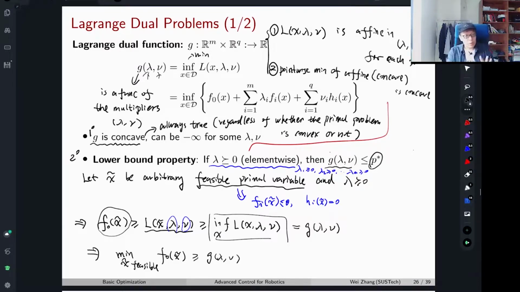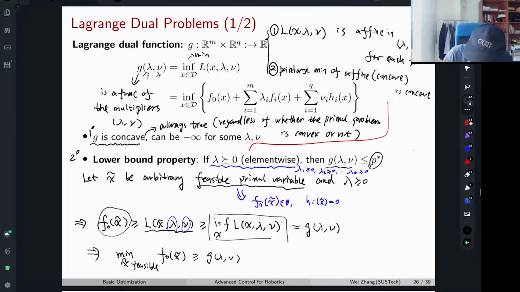Let's fix lambda and nu first, and lambda needs to be element-wise non-negative. Then we can define the Lagrangian, and we can view our Lagrangian as a function of x tilde. You can think about this: the left-hand side has a bunch of function values that are all bigger or equal to that. The minimum of that bunch of functions will also be bigger than the right-hand side. That's why this holds.